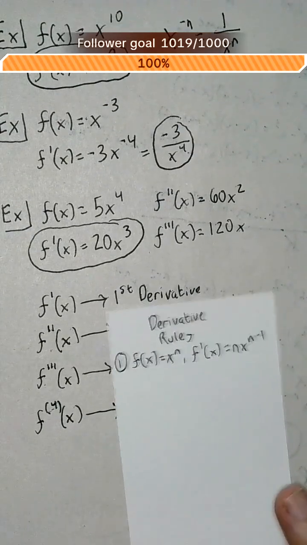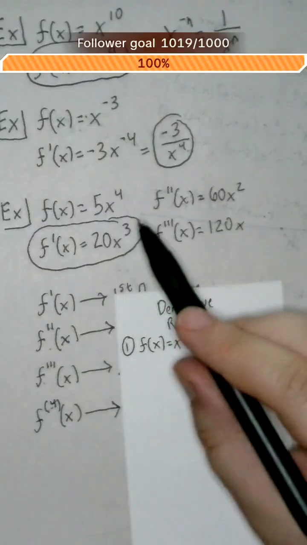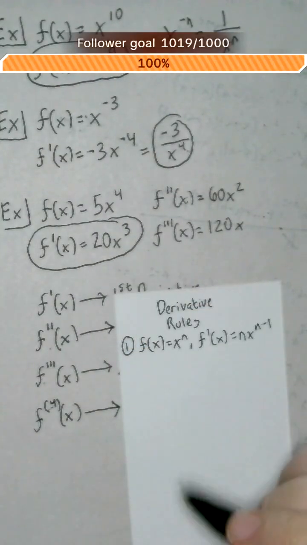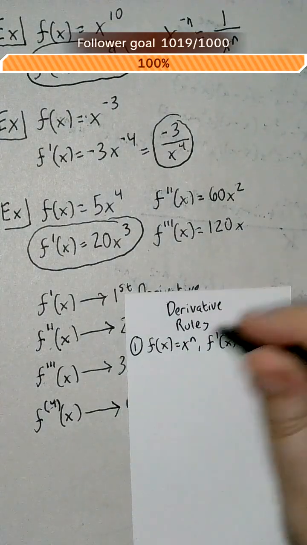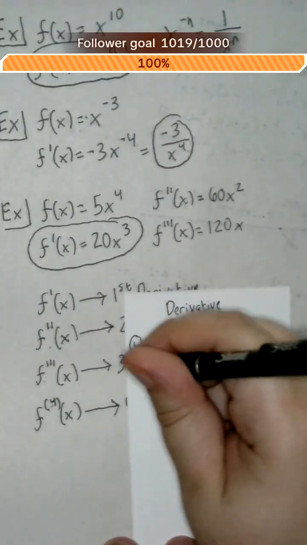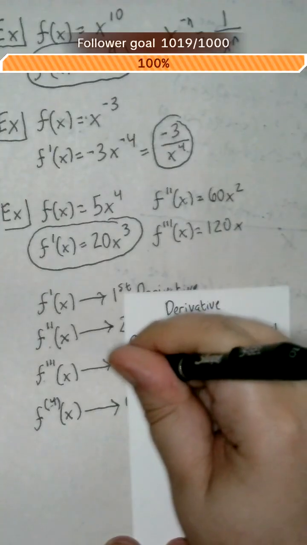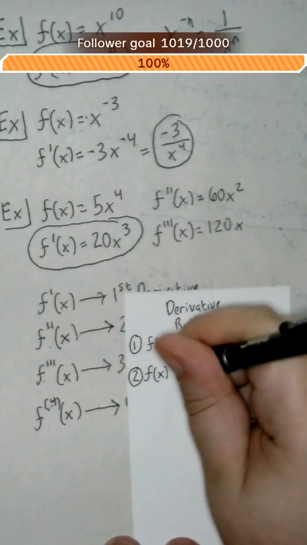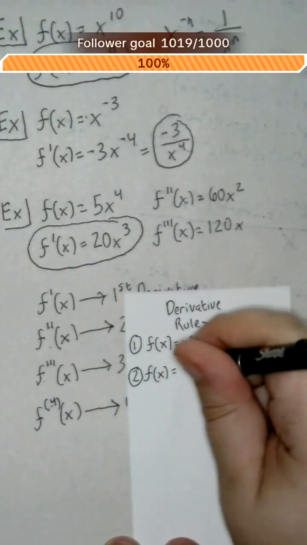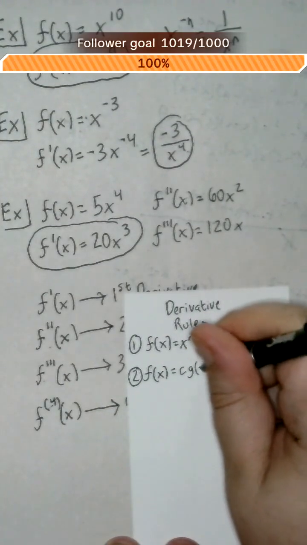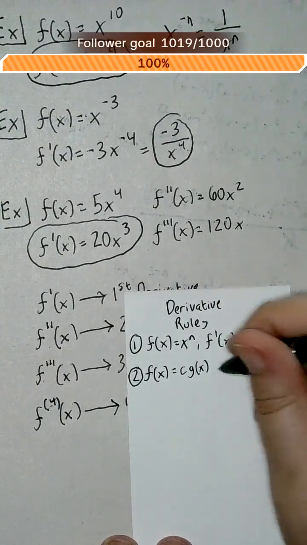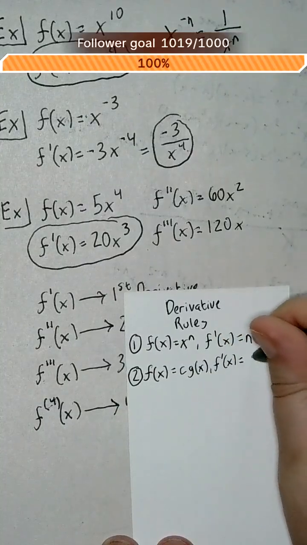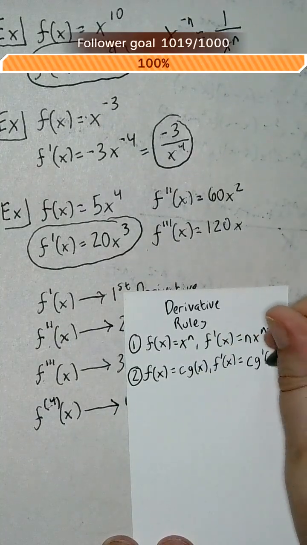So actually, I could prove that rule using the limit definition, but what I'm going to do is make it generic. So rule 2 says that if f of x equals some number c times another function g of x, then its derivative is going to be c times g prime of x.